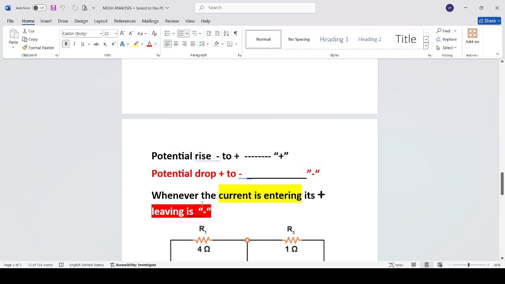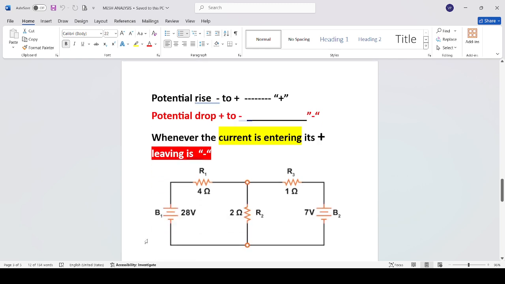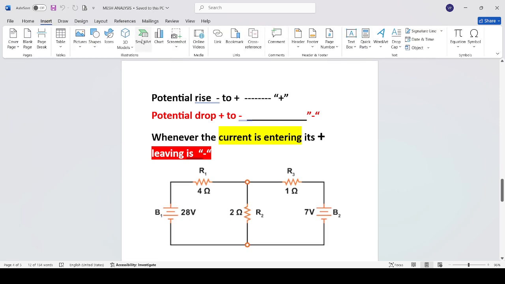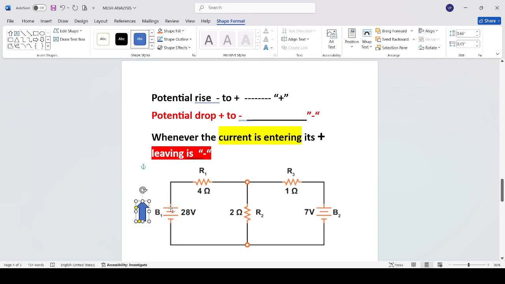Okay. So potential rise. Potential rise means, for example, here if you take B1 minus to plus, that is the potential rise. You can see here minus to plus, that is the potential rise. When you see the potential rise, we use the positive sign.